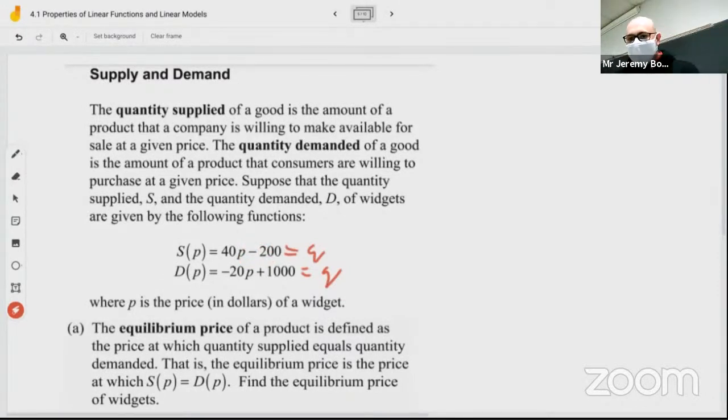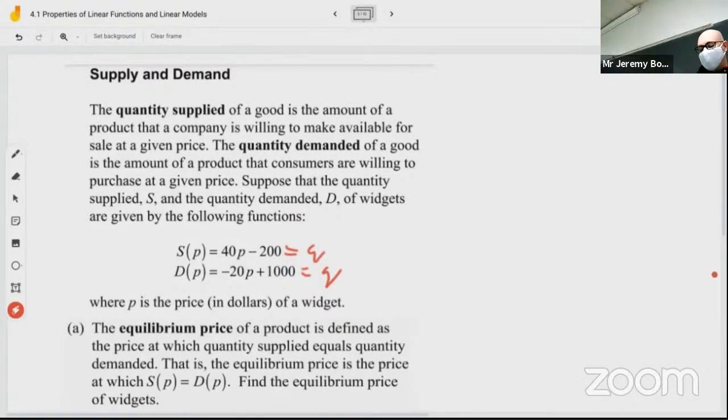For D of P, you have a slope of negative 20 and an intercept of 1,000. So if the price was 0, the supply would be negative 200, which doesn't really make sense, but that's just part of the model. If the price was 0, the demand would be 1,000. You can think of it that way.